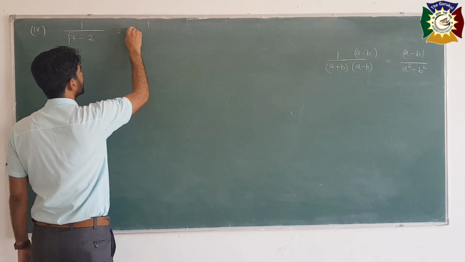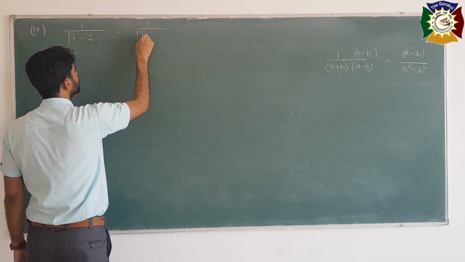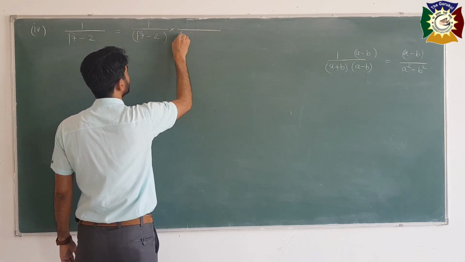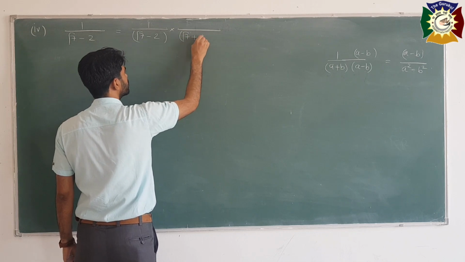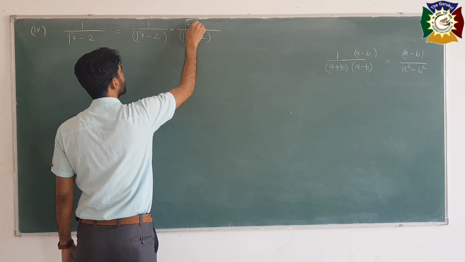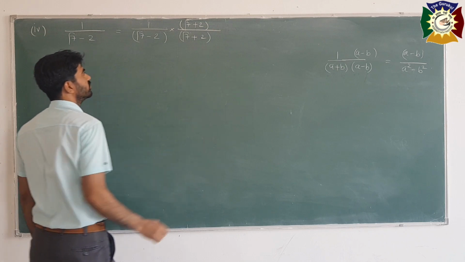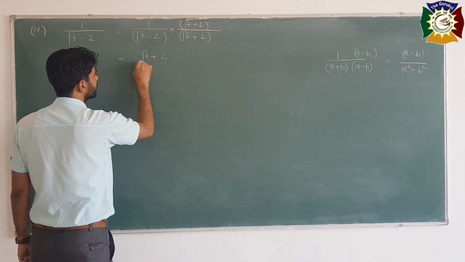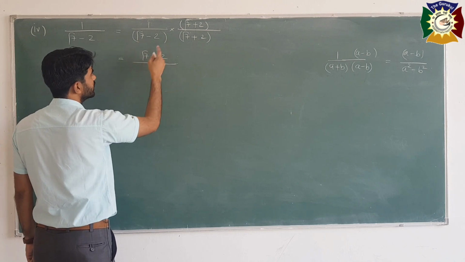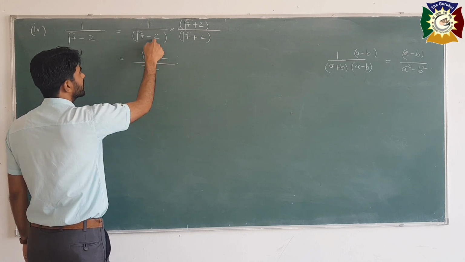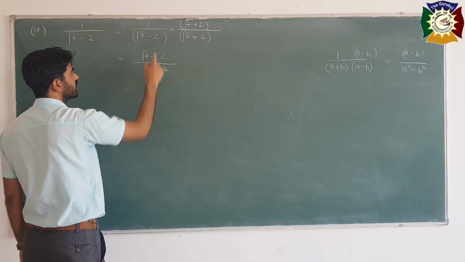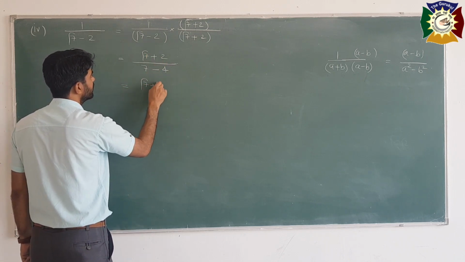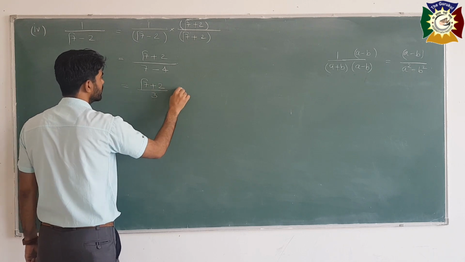So it is equal to 1 upon root 7 minus 2 multiplied by root 7 plus 2, and root 7 plus 2 in the numerator also. So we get root 7 plus 2 divided by a square minus b square. A square will be 7, minus b square will be 4, 2 square will be 4. So the answer will be root 7 plus 2 divided by 3.